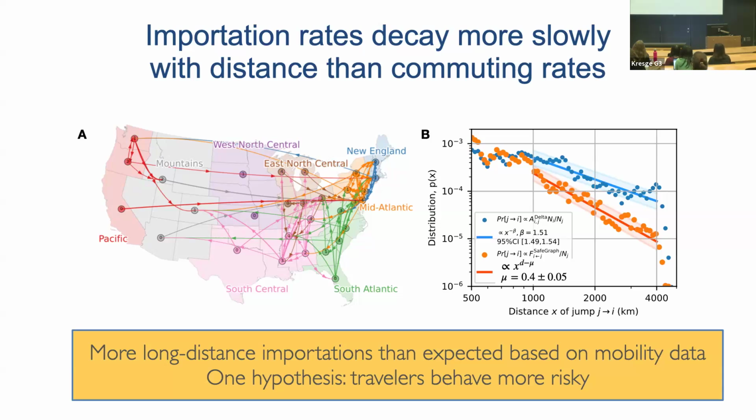So that could be the reason why with distance the decay in these interactions is slower than just based on mobility. There might be other reasons, of course, as well. If you take the airplane, maybe that's risky inherently. Who knows, right? So these hypotheses are always to be taken with a grain of salt.